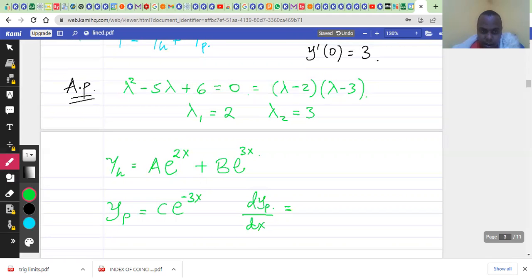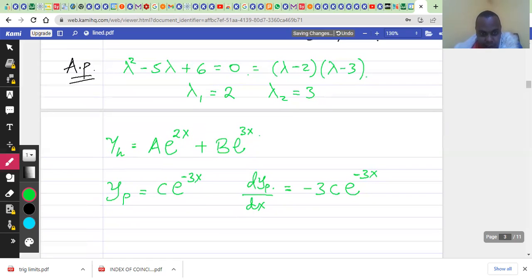We are differentiating yp equals c e to the power of negative 3x. It's going to be minus 3c exponential minus 3x. Very good.